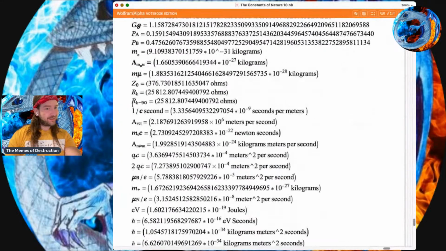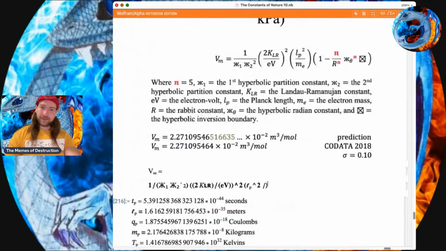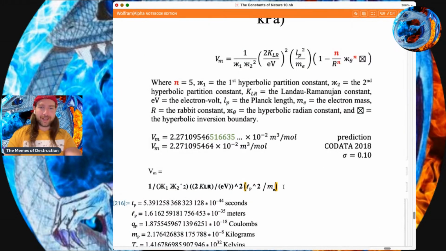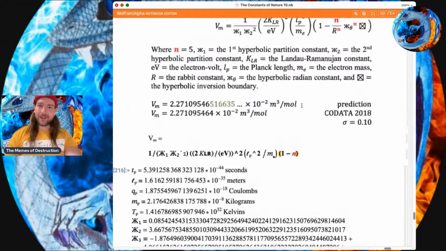Where are you? So many. Okay, here we go. Yeah, that was the first derived thingy there. Okay. So Planck length squared divided by the mass of the electron. Okay. Now we have 1 minus, that's red n, which is set equal to 5, but just for noticing for us, we have that in there.